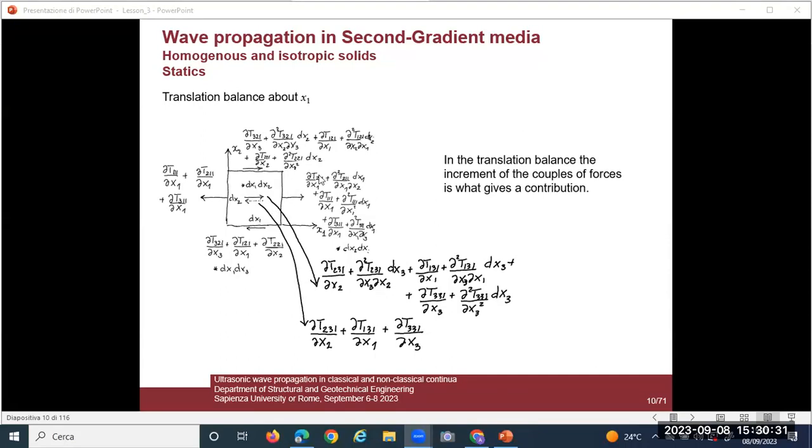And on the other face of the element, you've got the variation of the couples, so the second derivative. The second derivative depends on the second derivative of the displacements, so that in the end you come up with an equation of motion in terms of displacements, which contains fourth derivatives of displacements.